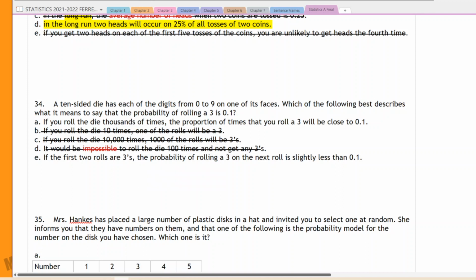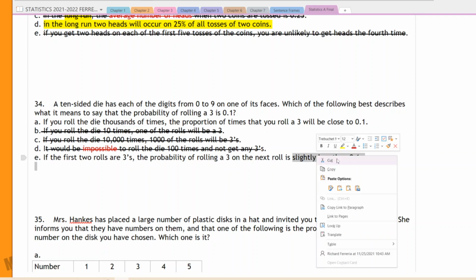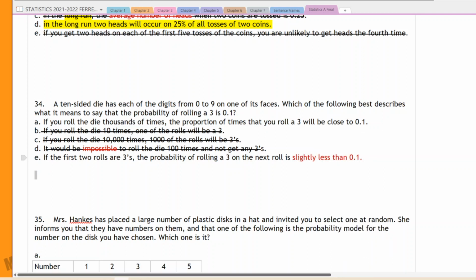And then, if the first 2 rolls are 3s, the probability of getting a 3 on the next roll is slightly less than 0.1, and that drives me crazy. That's not true. The probability on every roll is 0.1. So it seems as though letter A is the correct answer. And we'll highlight this. There we go.